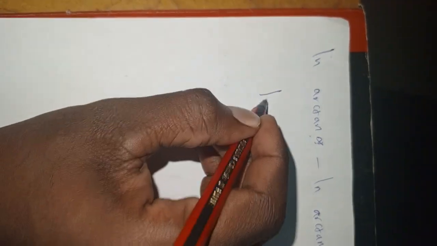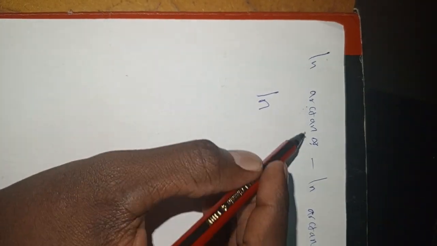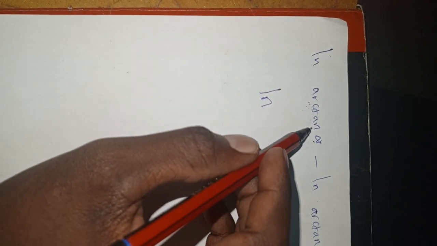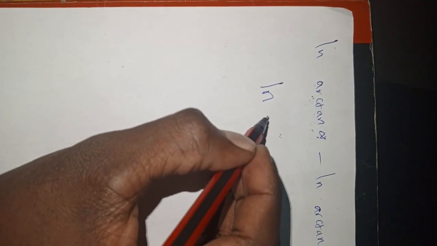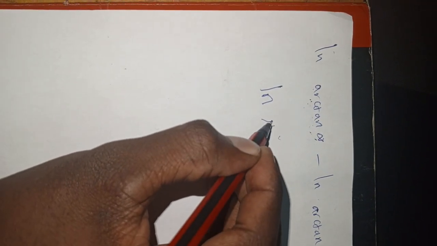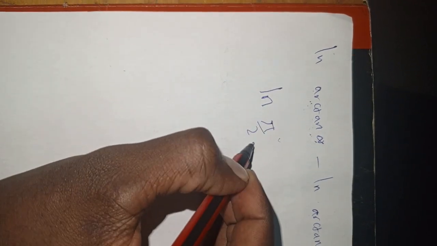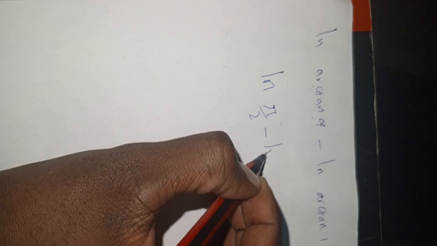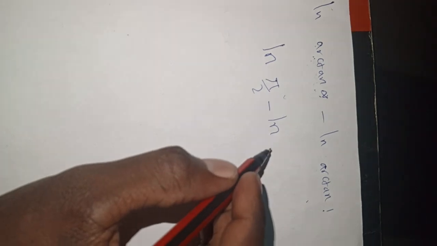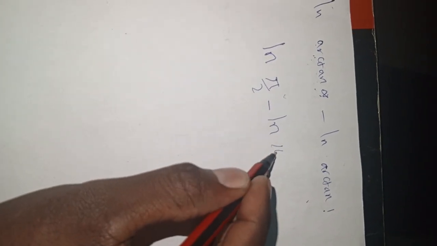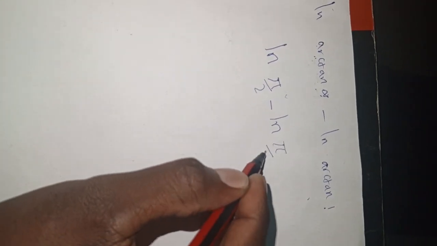Now remember, this is the ln. Now what is arctan of infinity? As b approaches infinity, arctan b gives us pi over 2, then minus ln of arctan 1. Arctan 1, the calculator would tell us it's 45 degrees. 45 degrees in radians is pi over 4.